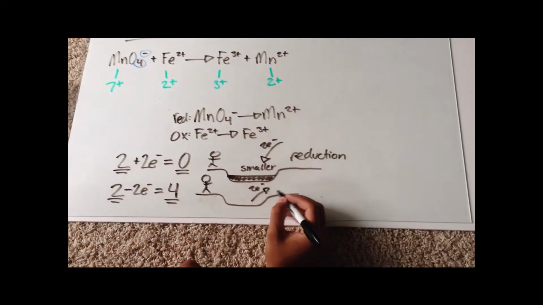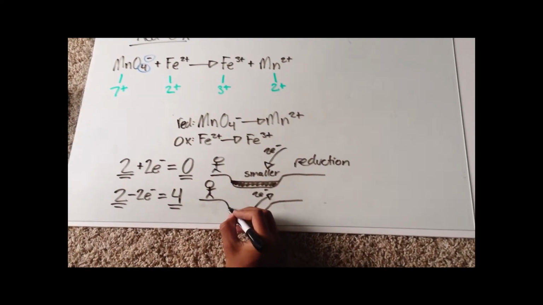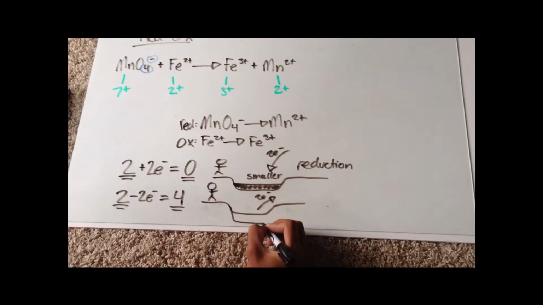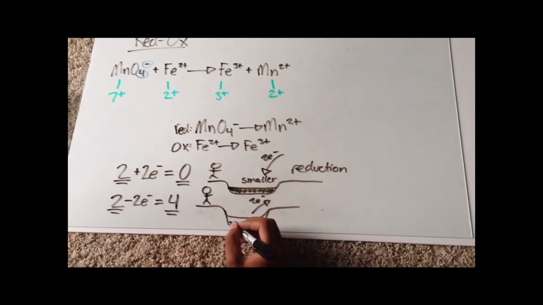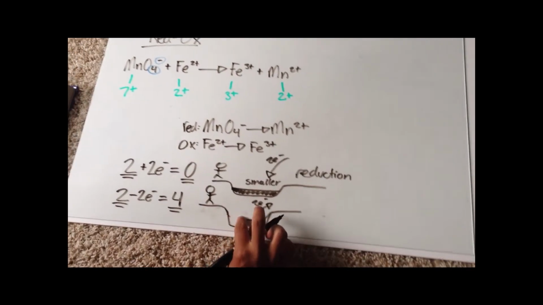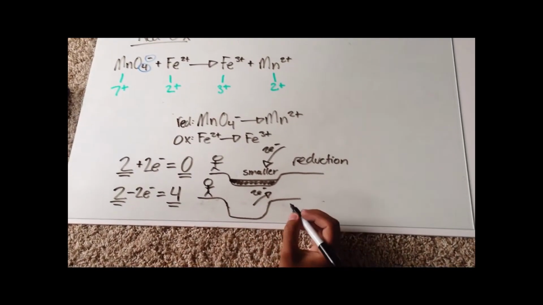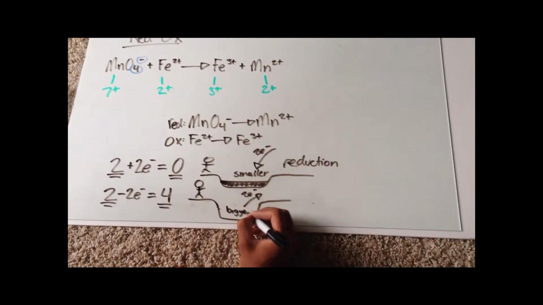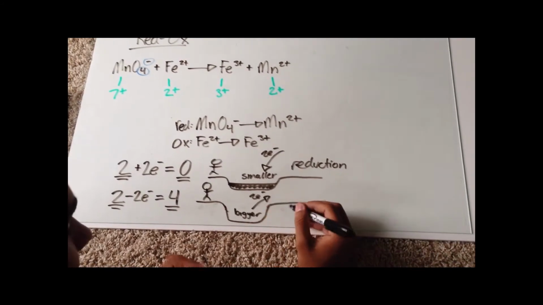And since you're taking out the electrons from the hole, pretend it's dirt, you're taking it out. So of course the hole is going to get bigger. So now the hole is this big since you took it out. So the hole would become bigger as you take out the electrons.